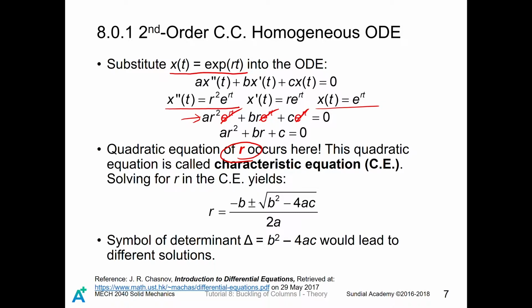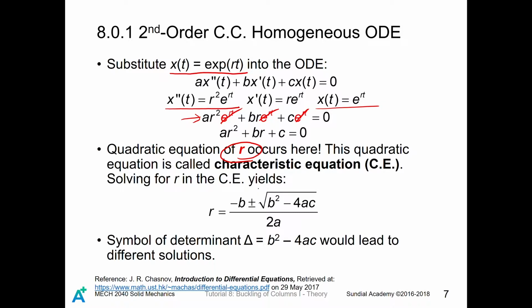But the thing you are going to bear in mind is that although we have r over there, the value of r in differential equations could be real, two distinct real roots, or complex conjugate roots, or both of the roots are repeated real roots.